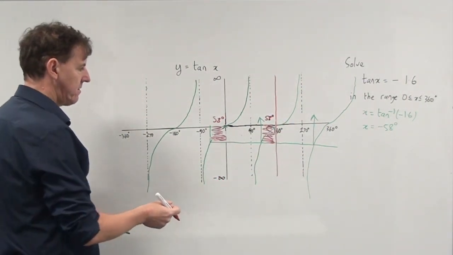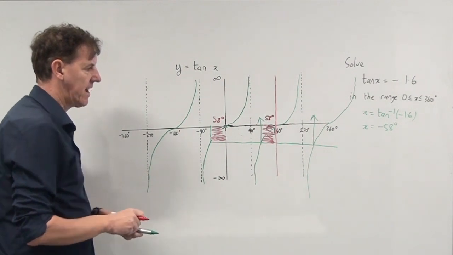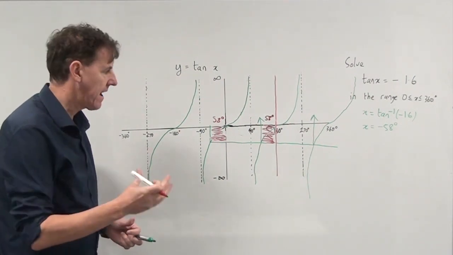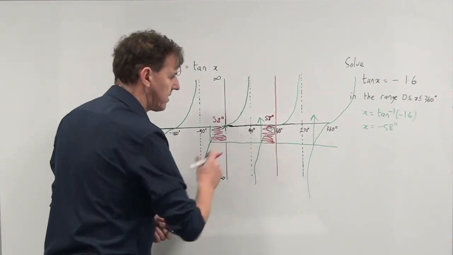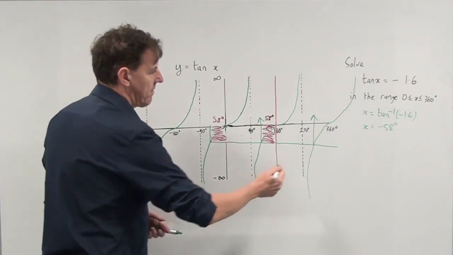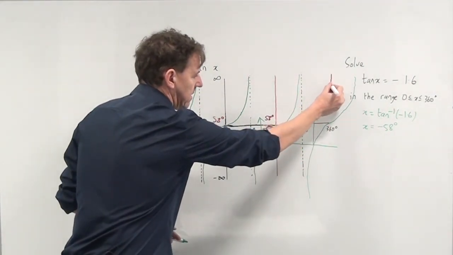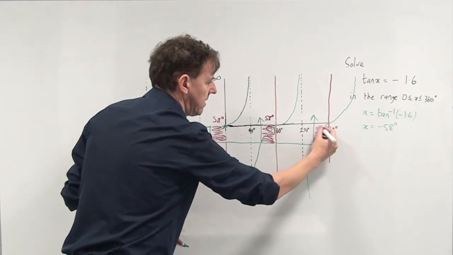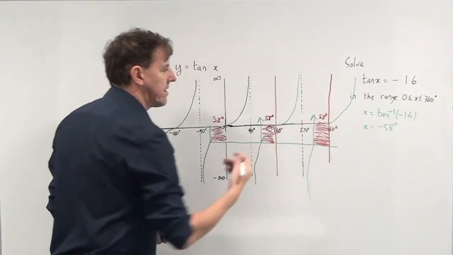So if I do my 180 take away my 58 degrees, that will give me the first angle that's inside my range. And if I drew a line here, it's telling me that this space inside here is also 58 degrees.